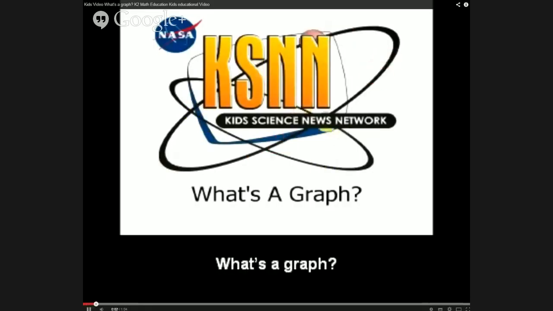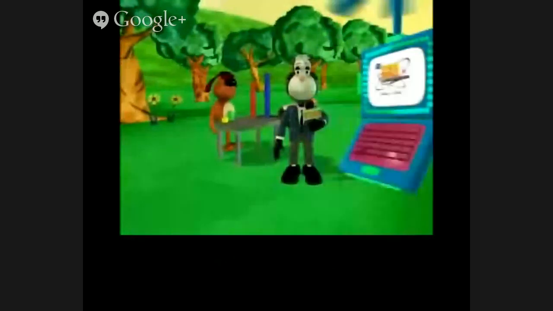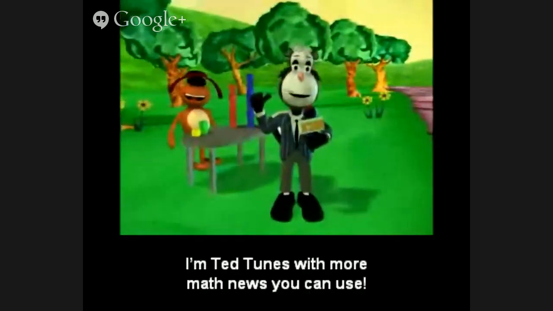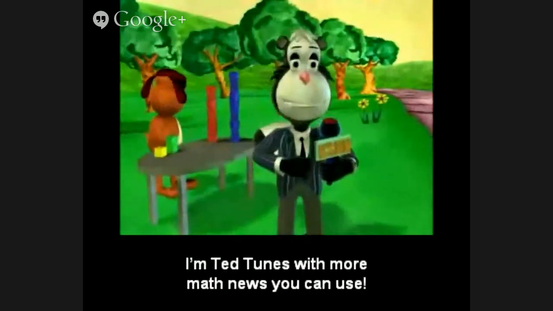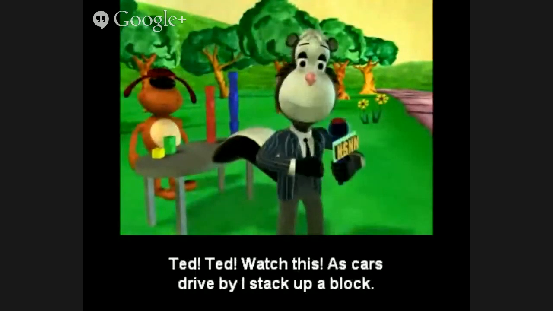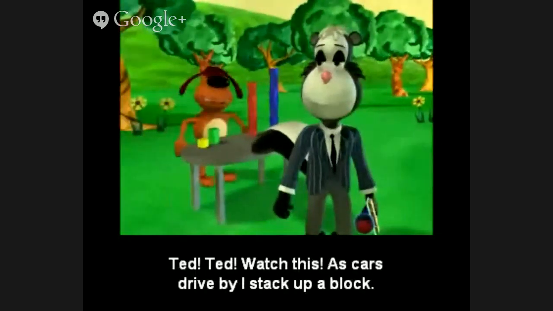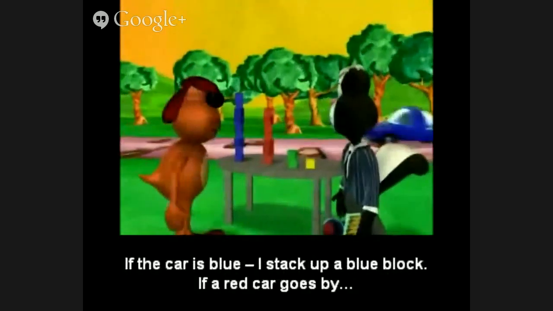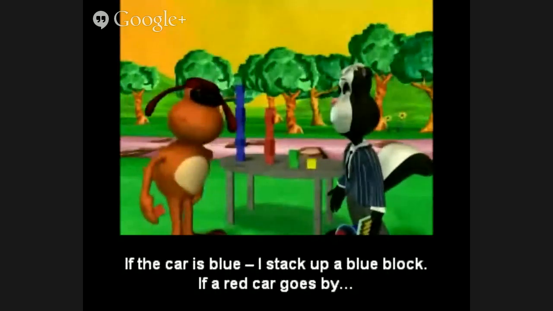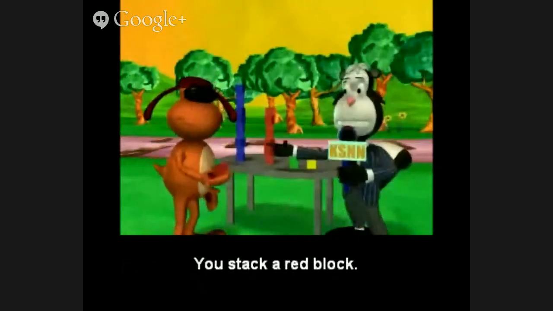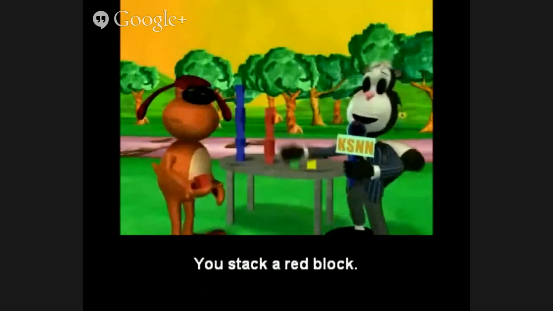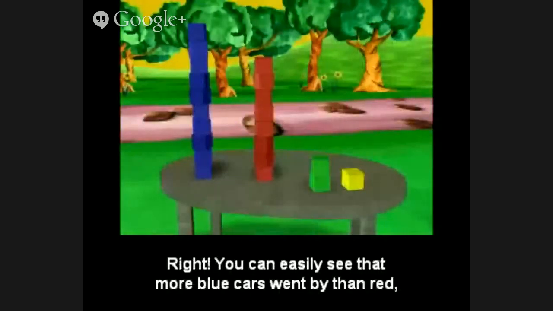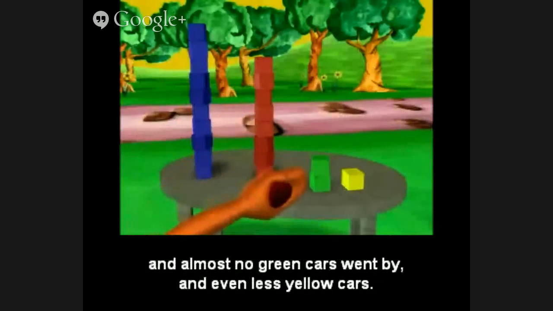What's a graph? I'm Ted Tunes with more math news you can use. Ted, watch this. As cars drive by, I stack up a block. If the car is blue, I stack up a blue block. If a red car goes by, you stack a red block. Right. You can easily see that more blue cars went by than red, and almost no green cars went by, and even less yellow cars.